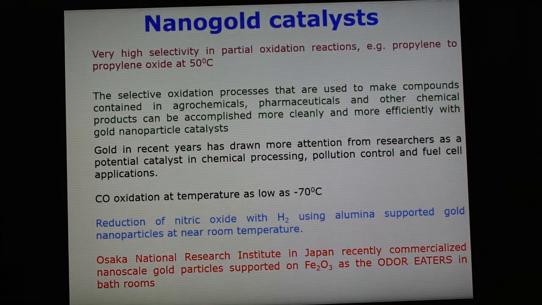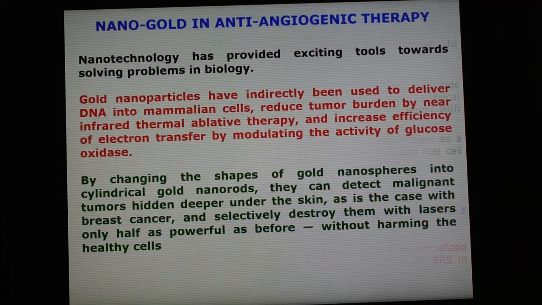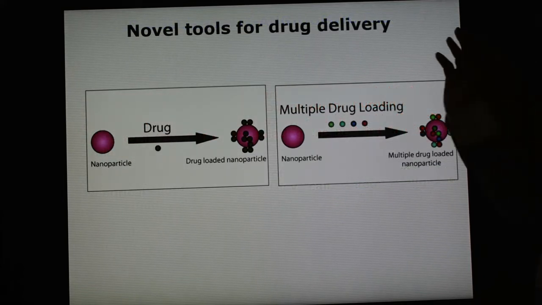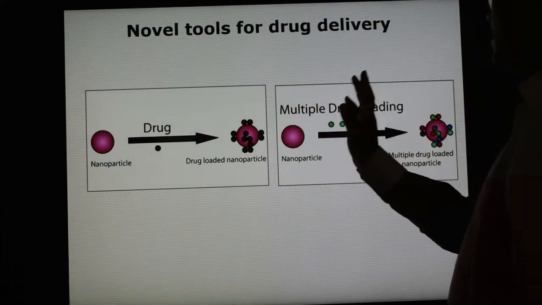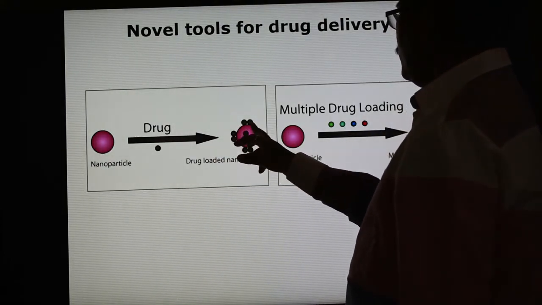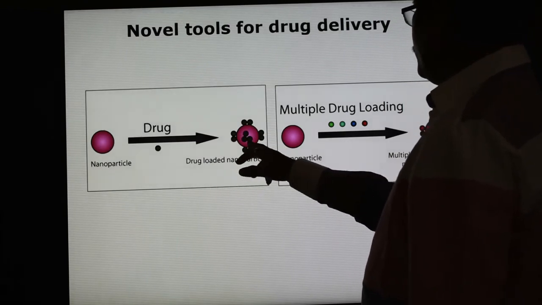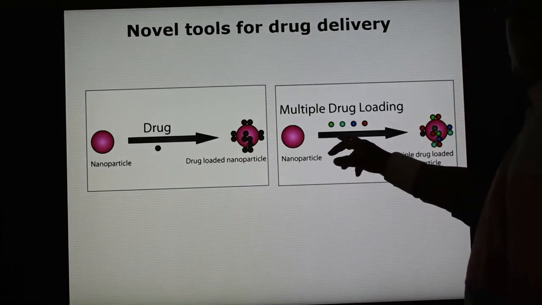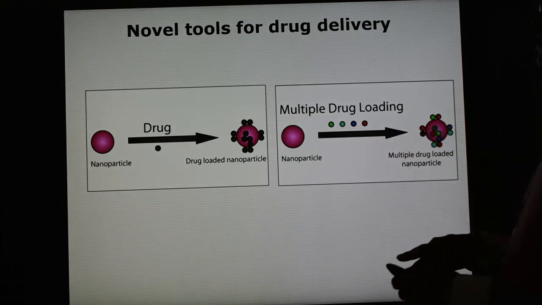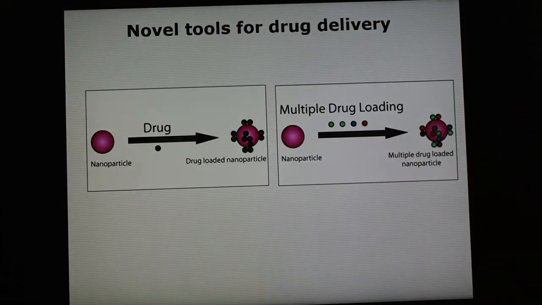It is also used as a catalyst, as I already said. Now here an important application of this nano gold is drug delivery. Here is a single nanoparticle. It is injected in a body where there is damage, and it is loaded with nanoparticles, a number of nanoparticles loaded along with the drug.